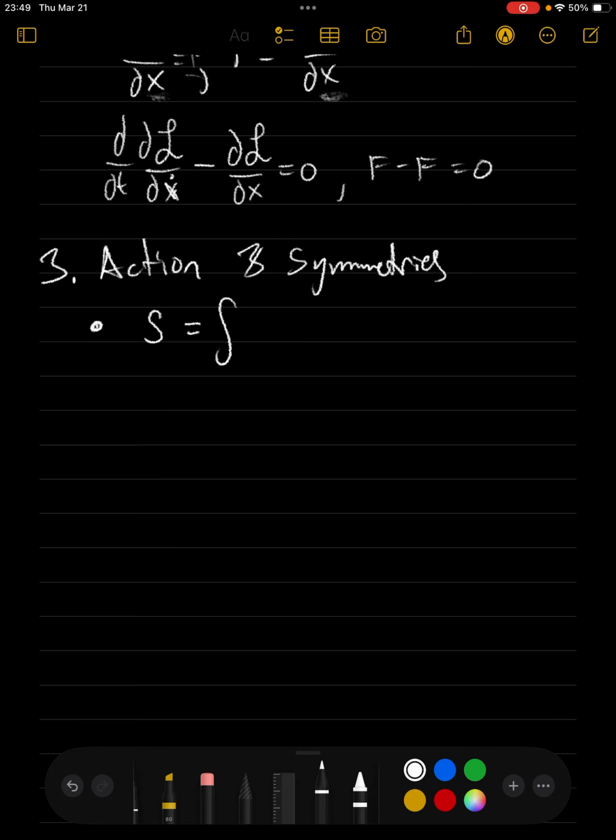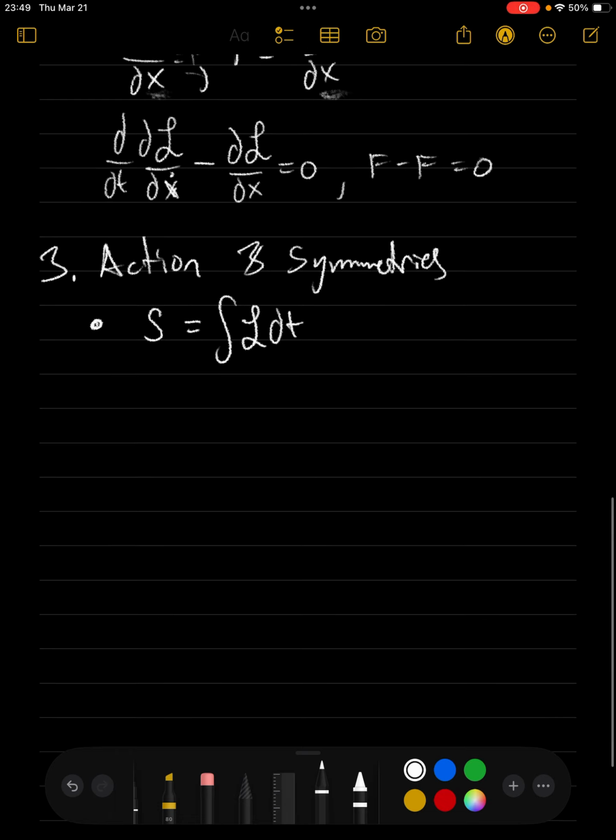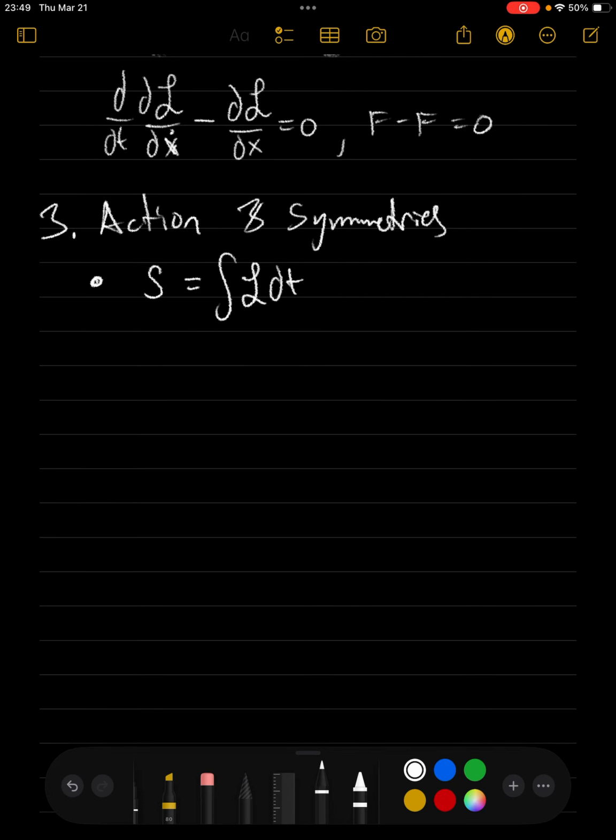Basically you sum up the Lagrangian at every point along some time, and that is the action, which stems from the principle of least action. And this is that of all paths a particle can take, it follows the one that minimizes, or I guess maximizes, this value right here, and then it will take that path.